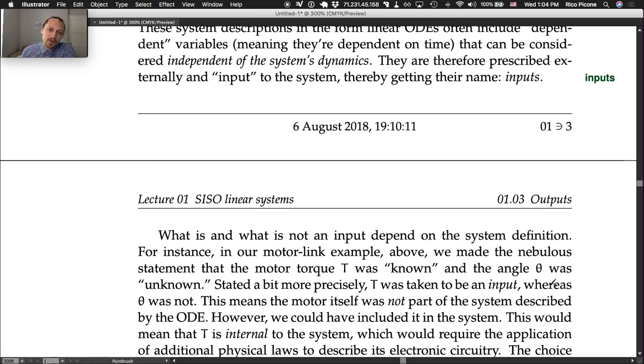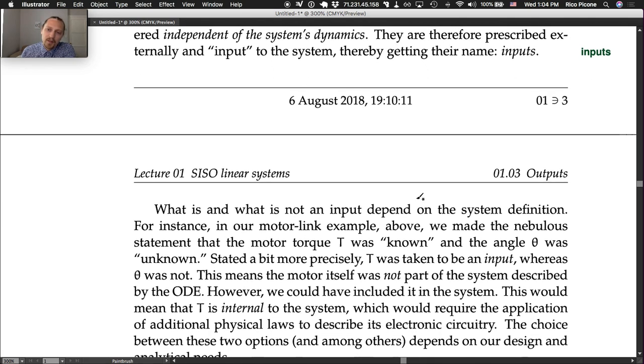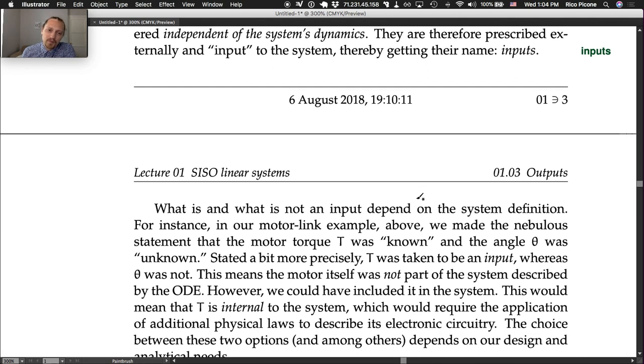What is and what is not an input depends on the system definition. So it depends on what we define the system to be, right? For instance, in our motor link example above, we made the nebulous statement that the motor torque T was known and the angle theta was unknown. Stated a bit more precisely, T was taken to be an input, whereas theta was not.